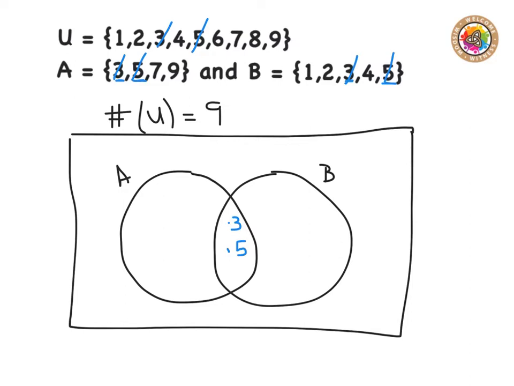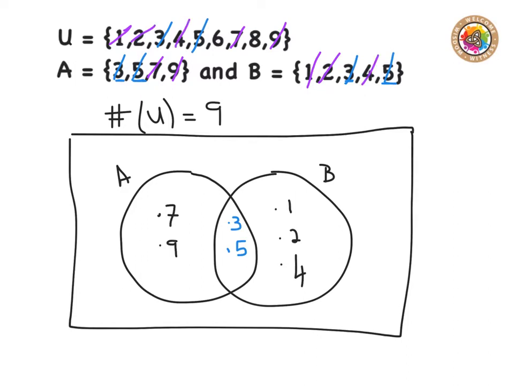So the remainder in A is, well, 7 and 9, and the remainder in B is 1, 2 and 4. So now I go back, I cross those out, but I also cross them out here from U. Likewise, I cross out 1 from B, 1 is crossed out from U. I cross out 2 here and 2 there, and 4 and 4.